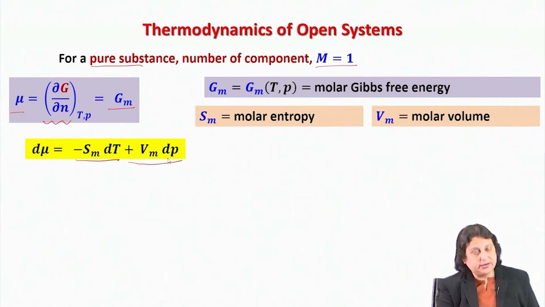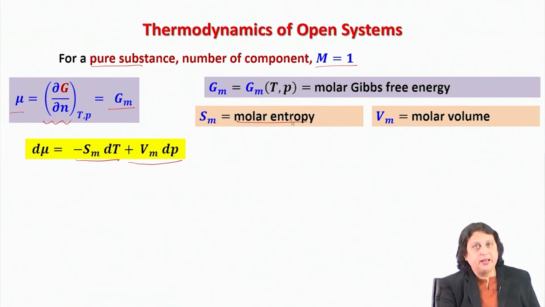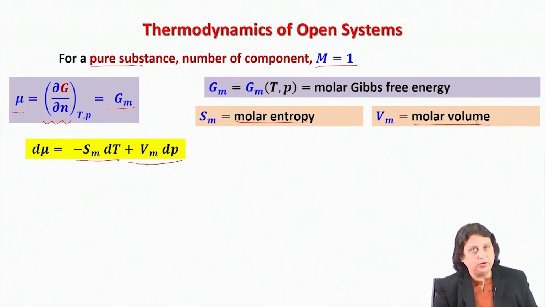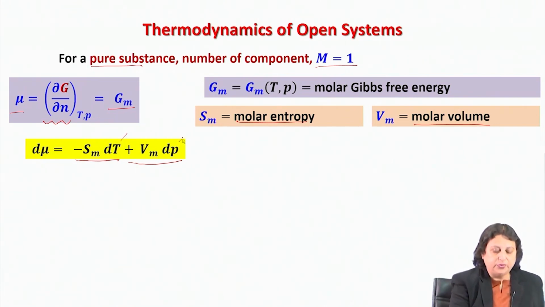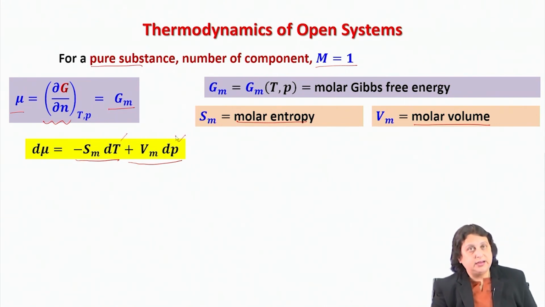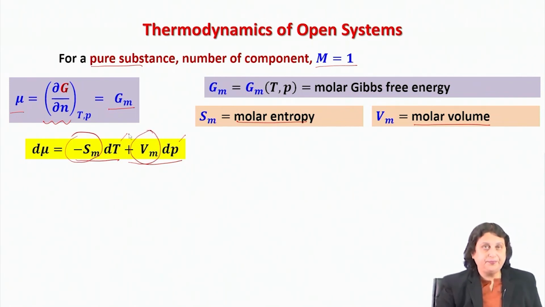So what are these quantities? Sm is the molar entropy, and Vm is the molar volume. Now, what is the significance of this relationship? Please remember, temperature and pressure are intensive quantities, and here I have Sm and Vm multiplying them.